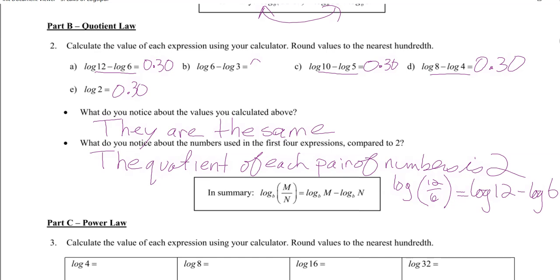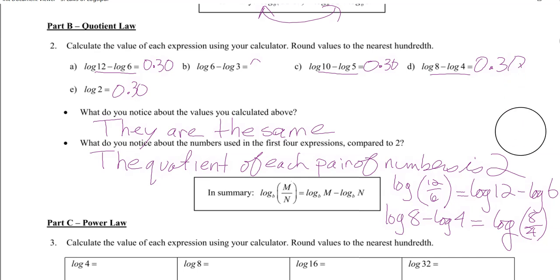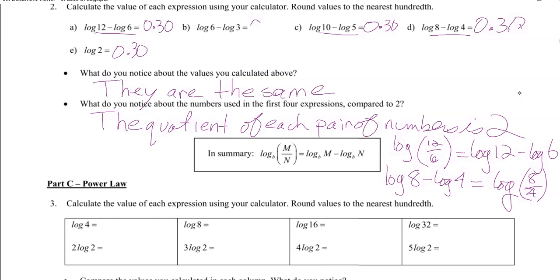So you give me a quotient, I can write it as the difference between two individual logs, or you give me the difference between two individual logs, log 8 minus log 4, and then I can write that as the log of 8 over 4.